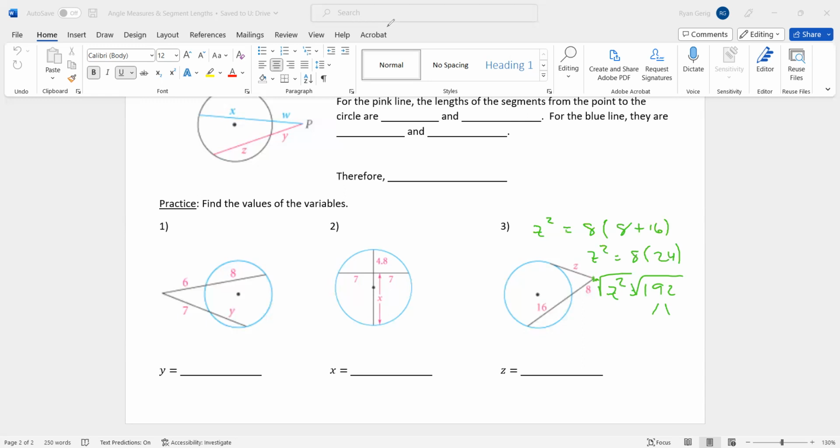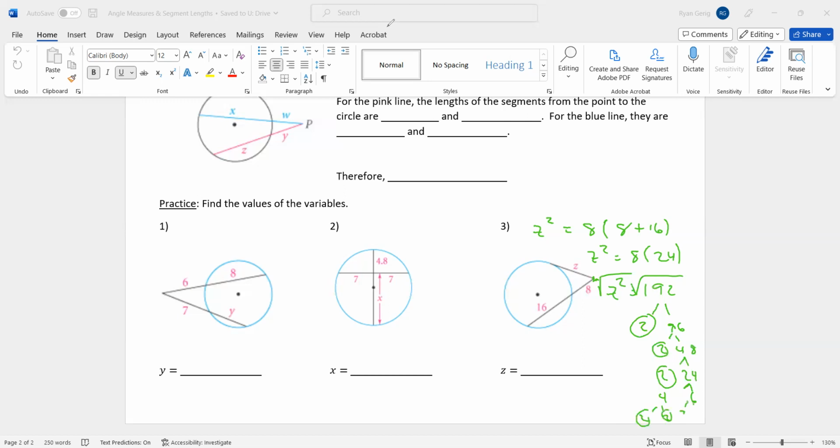I know that 2 goes into 192, 96 times. 96 is 2 and 48. 48 is 2 and 24. A lot of 2s here. 4 and 6. 2 and 2.